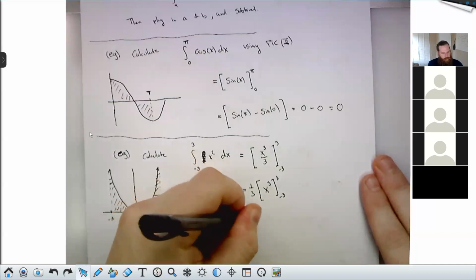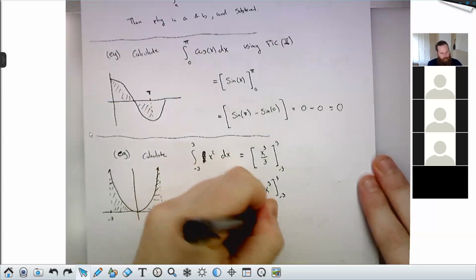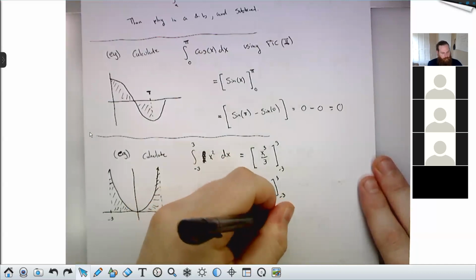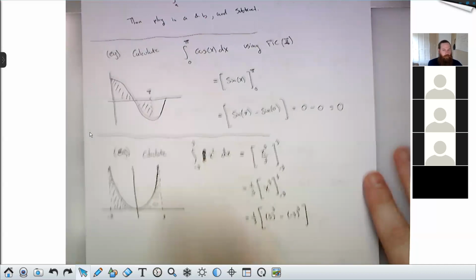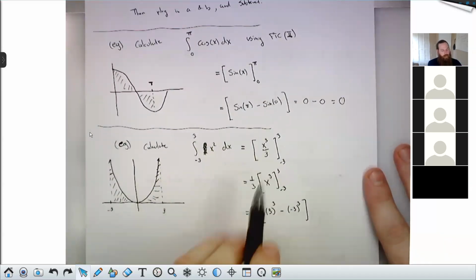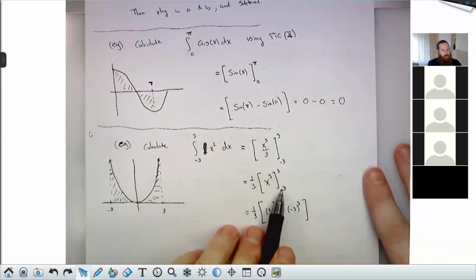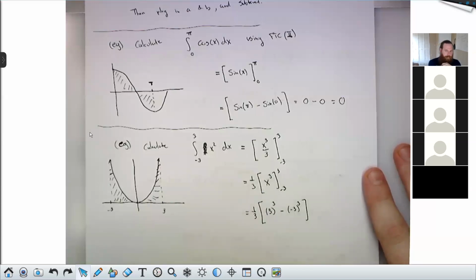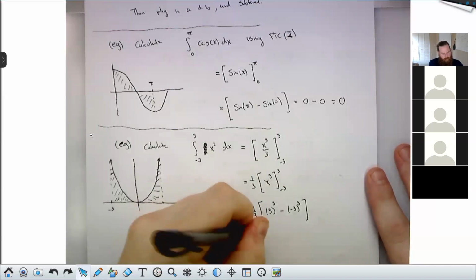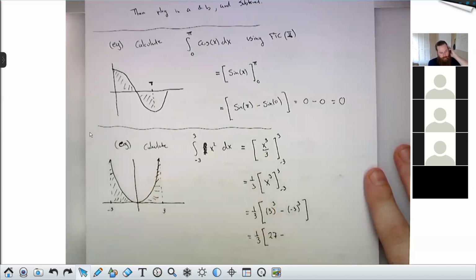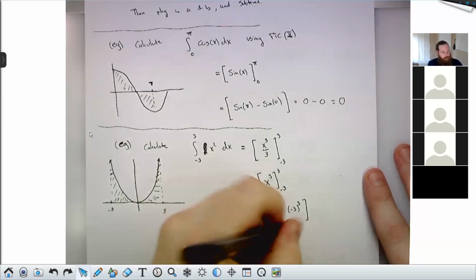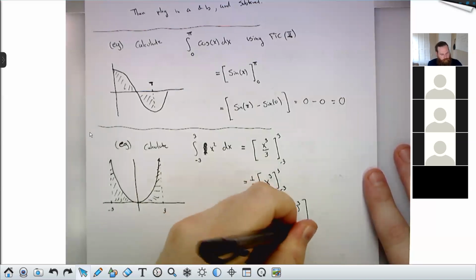So that's 1/3 times 3 cubed minus -3 cubed. We always plug in the upper minus the lower. Now 3 cubed is 27, so this is 1/3 times 27 minus -3 cubed, which is -3 times -3 times -3. That's -27.